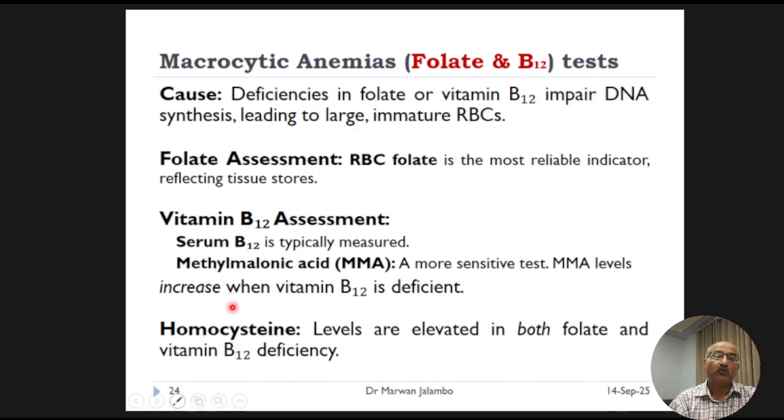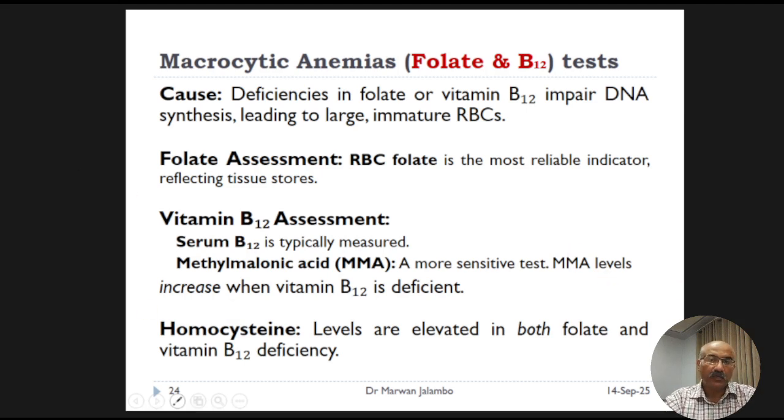So to assess folate status, the most reliable indicator is RBC folate, as it reflects long-term tissue stores rather than recent dietary intake.